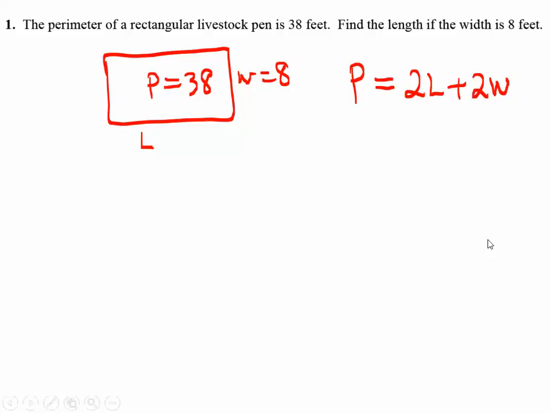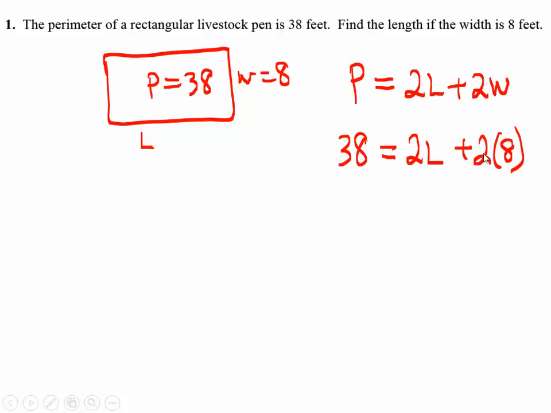So we have 2L, I don't know what L is, but I do know that W is equal to 8. For these problems, what we really need is one equation with only one variable. In this case, it's just L. It's exactly what we need in order to solve for that variable.